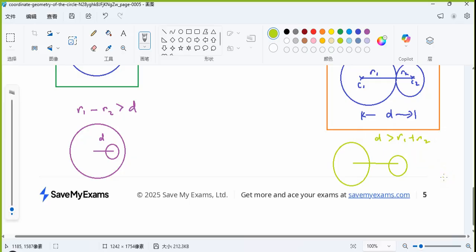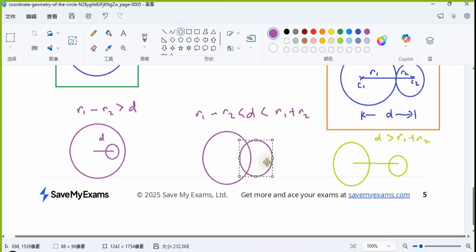So when R1 minus R2 is greater than D, or R1 plus R2 is less than D, they don't touch. When R2 minus R1 is less than D and at the same time D is less than R1 plus R2, then they intersect at two points.